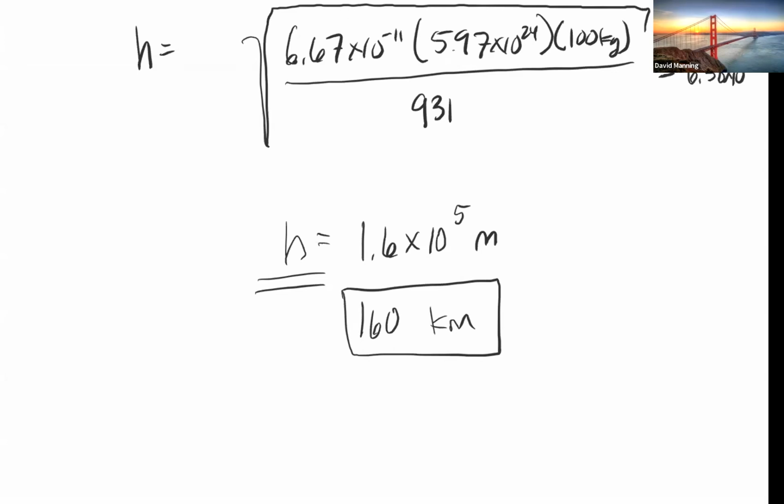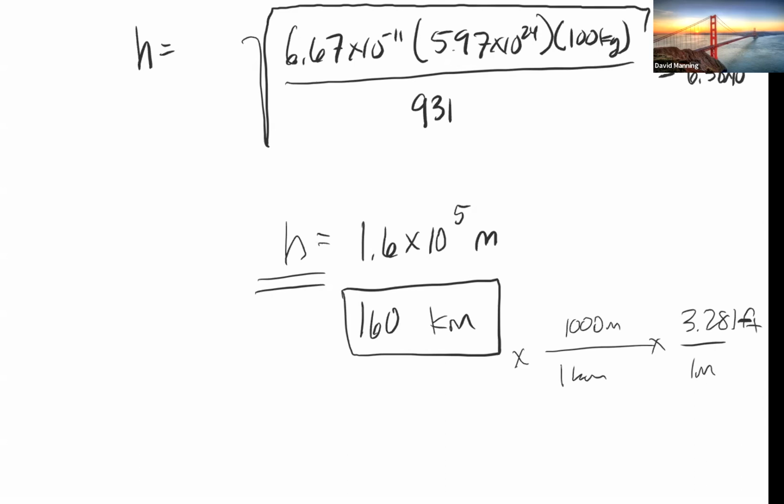How many feet is that? One meter has 3.281 feet in it, and one kilometer has 1,000 meters. There's a lot of feet.